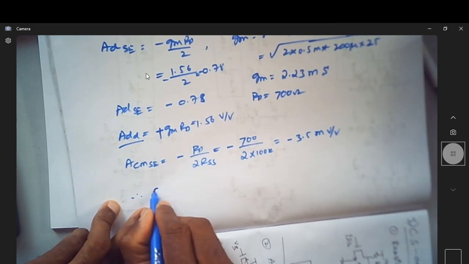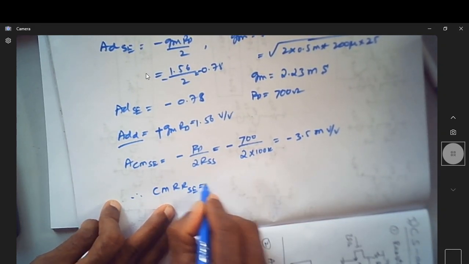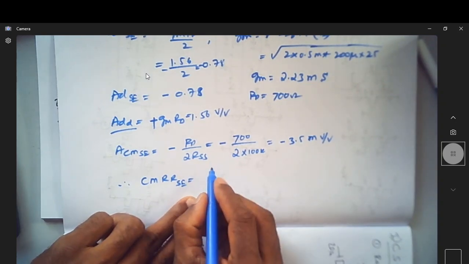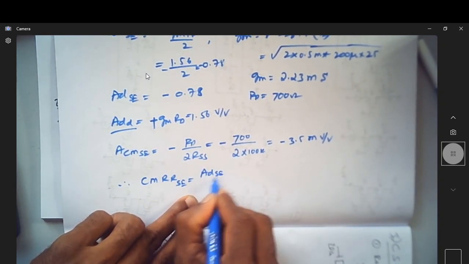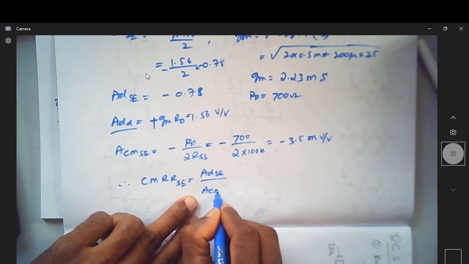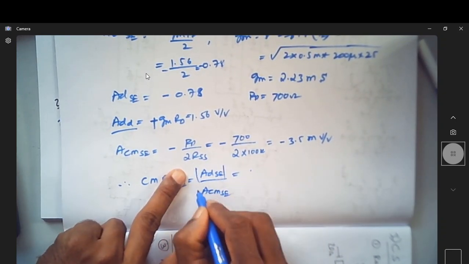Therefore, what is CMRR single-ended? CMRR single-ended is nothing but ADSE by ACMSE, taking the magnitudes only.